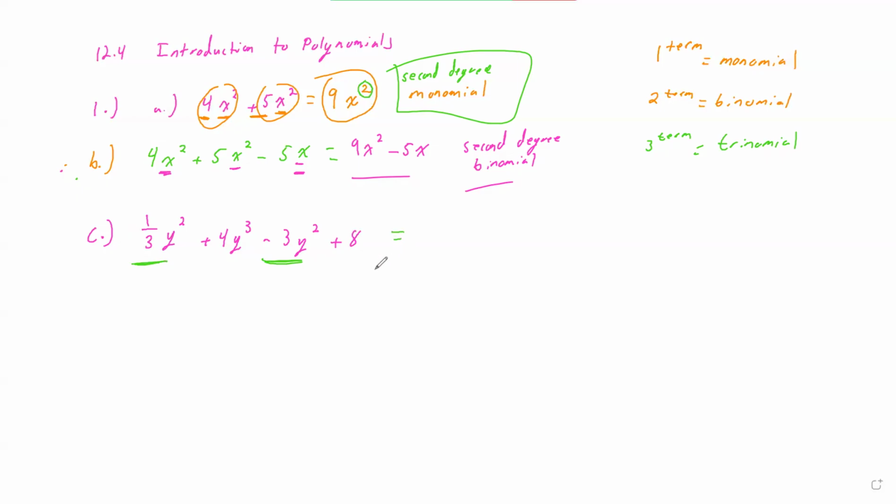Now, I will also state here, when you are writing it out, it does like it in standard form. Standard form is highest degree to lowest degree. So which one of these is actually going to be my first term? The 3. So this right here would be the first term I want to write because it's the highest degree. So I'm going to write 4y cubed.